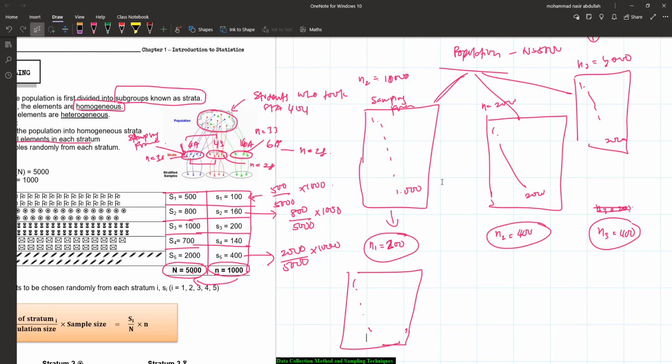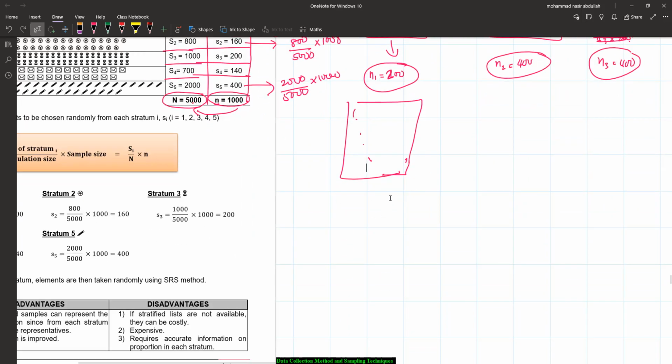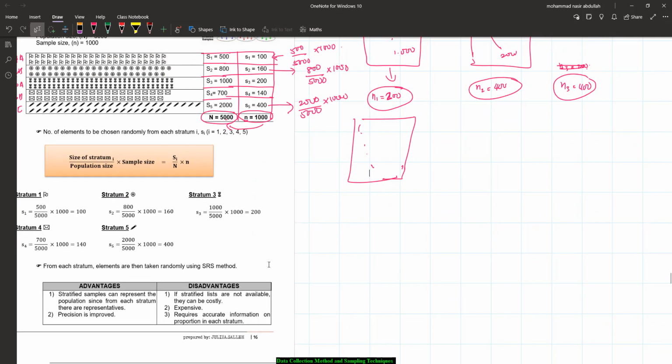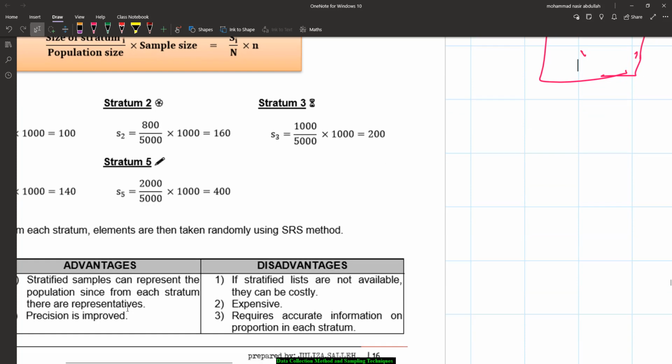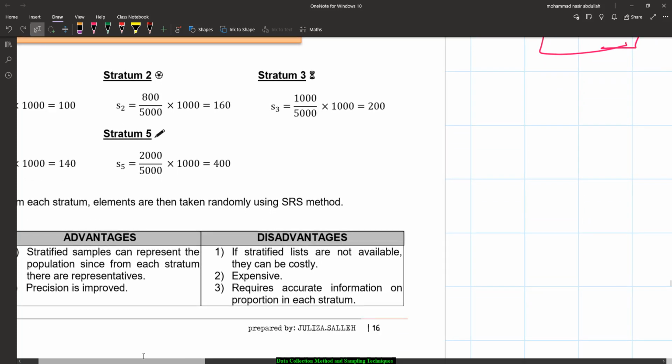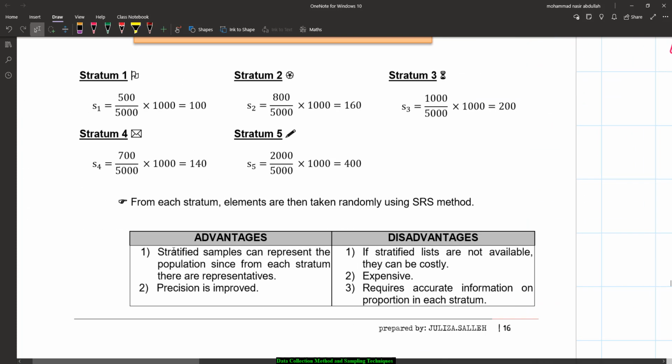Right, good. So this is the process of the stratified sampling method. The stratified sampling method can represent the population since each stratum is representative. Precision is improved.